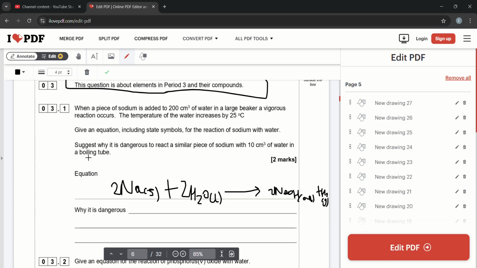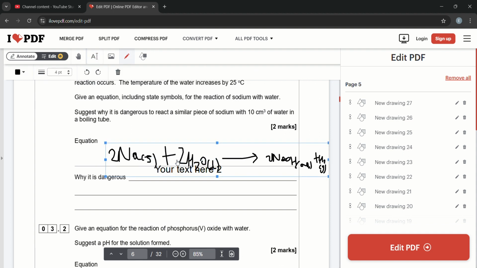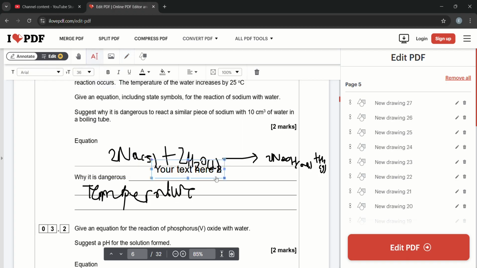And then it says, suggest why it is dangerous to react a similar piece of sodium with 10 centimeters cubed of water in a boiling tube. Well, the temperature will increase more. Let's just write that down.